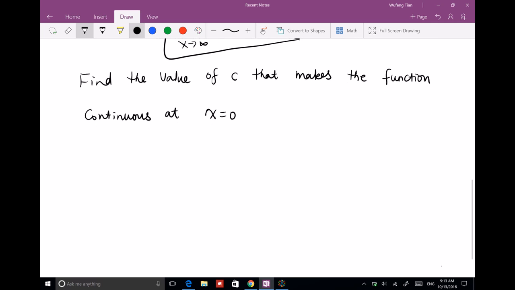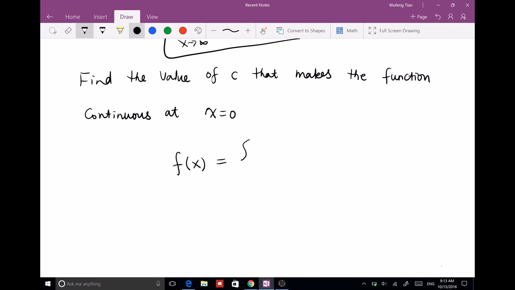Find the value of c that makes the function continuous at x equals 0. The function is defined as f(x) equals (e to the power x plus x) raised to 1 over x, for x not equal 0, and c for x equals 0.